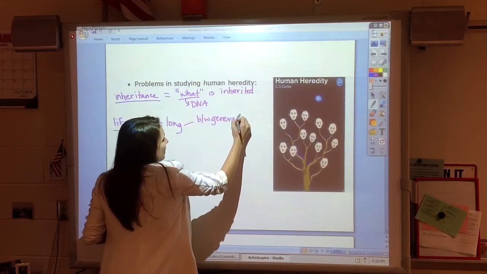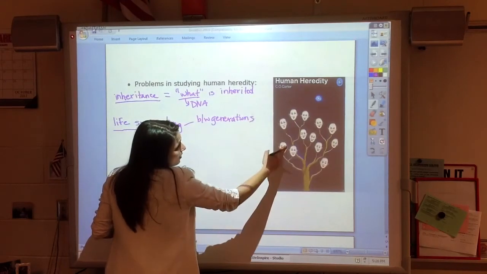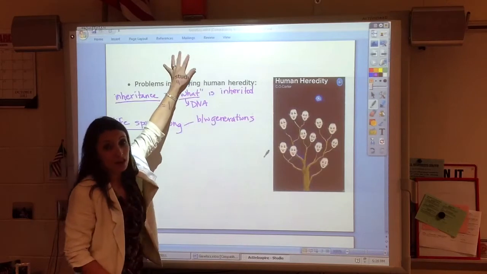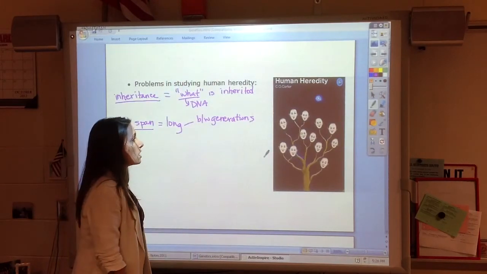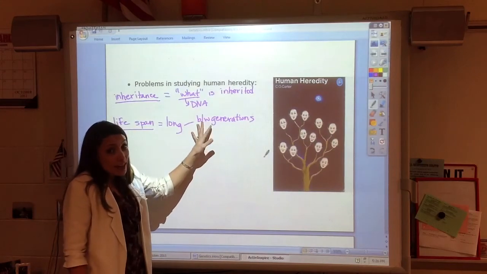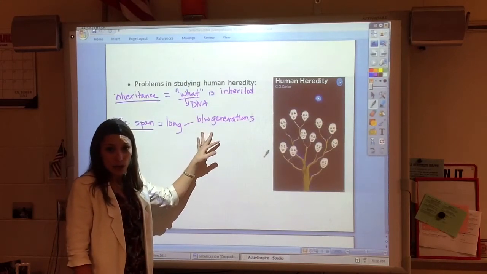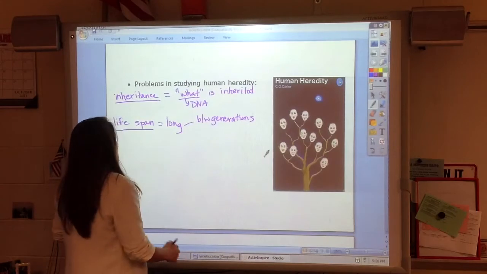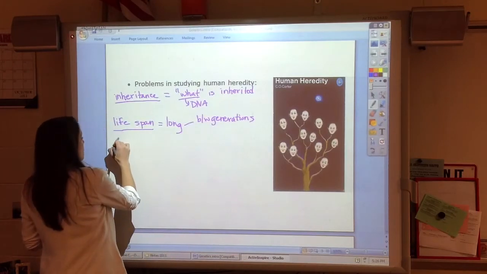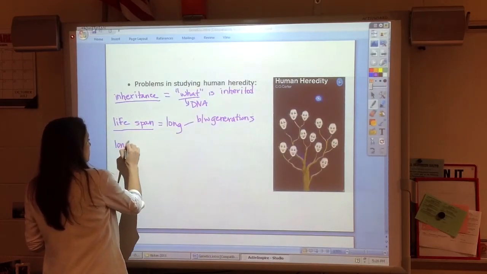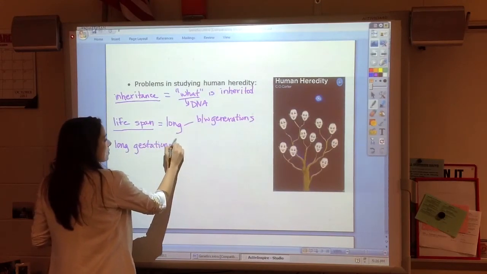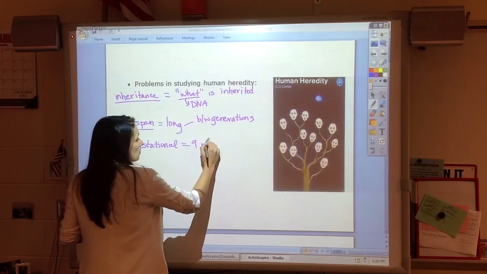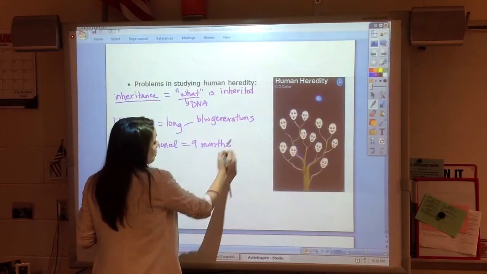So when you look at a family tree, or you look at a pedigree, the one above that showed you traits in a family tree, it's usually at least 20 years between generations. We also have a long gestational period. It's 9 months from conception to the birth.